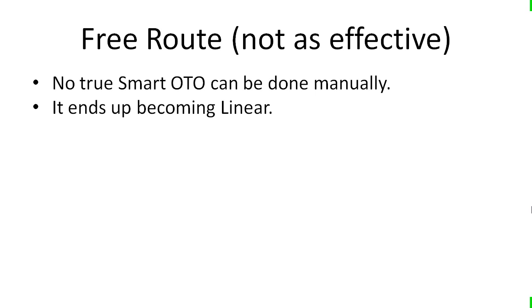Now, I'm going to show you how frustrating this might be so that you really can see that it really isn't smart to go down this route to get it done manually when it's already been done for you with technology that's really focused on achieving the setup process of a smart one-time offer.